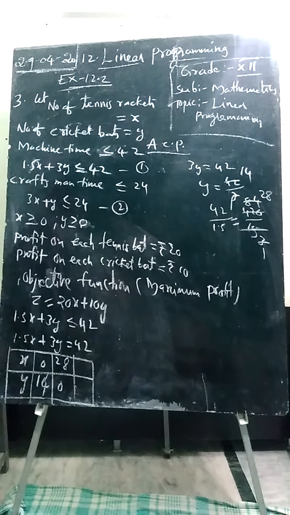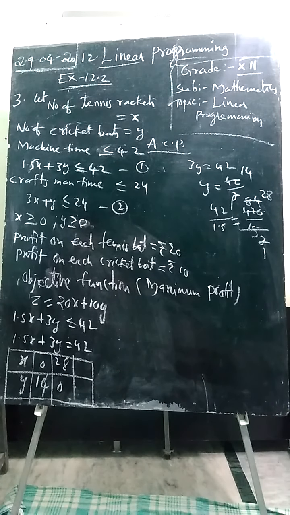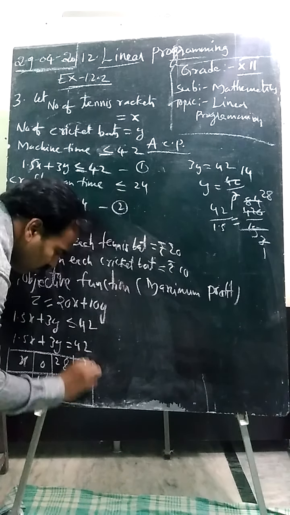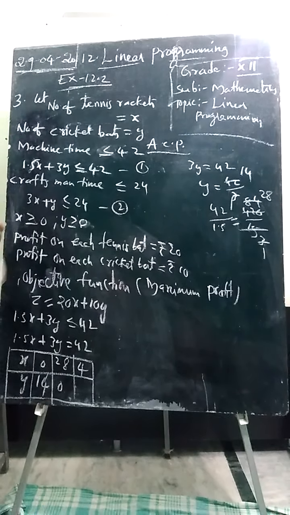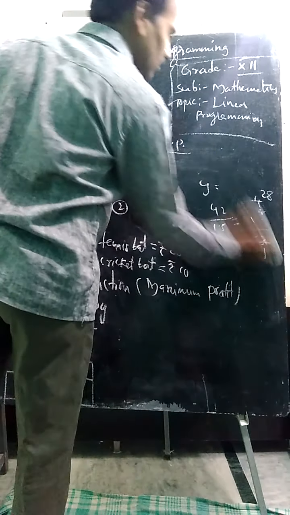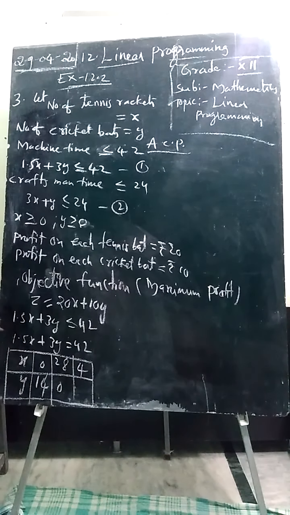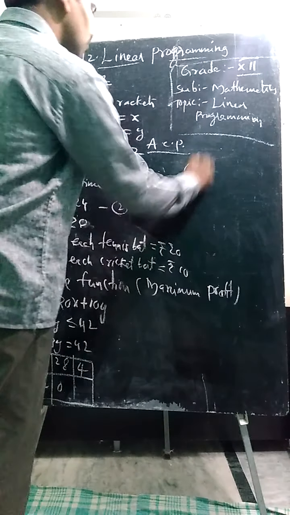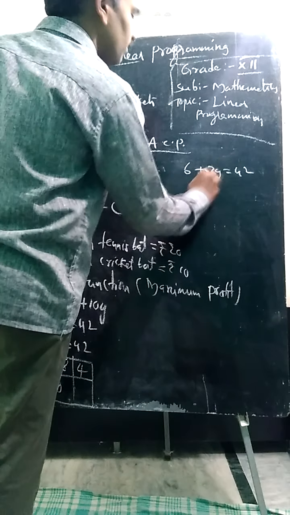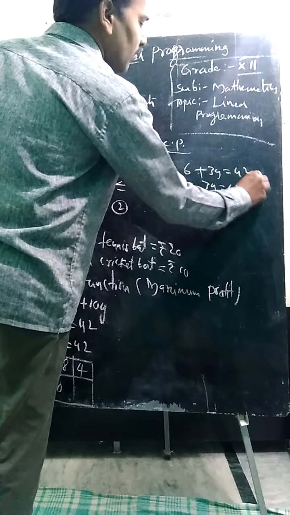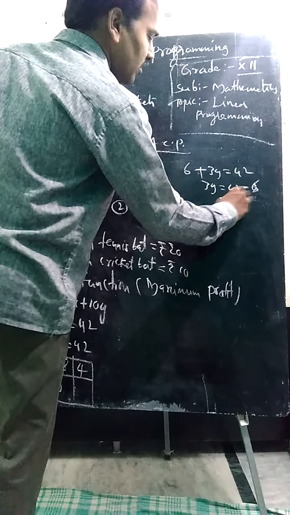Then after, in general we will take one common value, students, for solving easily. So then after we will plot the graph. Let us take here 4, that is a common value. If you take x value 4, 1.5 into 4 will be 6. 6 plus 3y is equal to 42. 3y is equal to 42 minus 6, that is equal to 36.